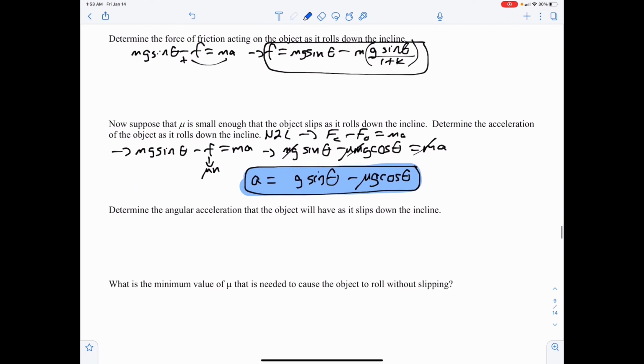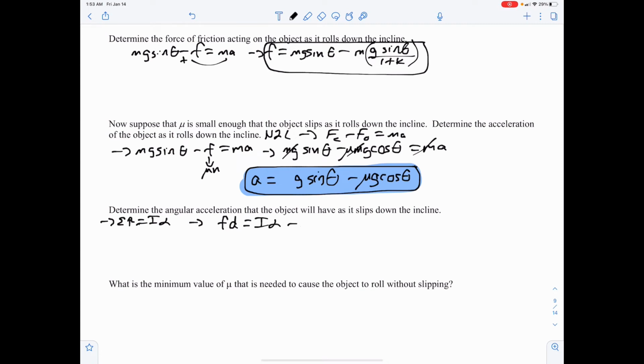Okay, to determine the angular acceleration the object will have, we're going to use the net torque equals I alpha. Rotational Newton's second law. All right, we're solving for alpha. So the torque is going to be force times distance, force is friction times distance equals I alpha.